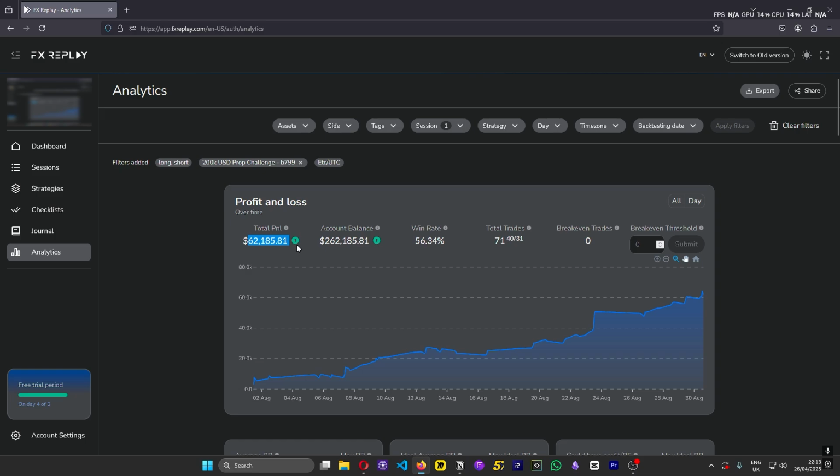$62,000 in 1 month. Now, honestly, if this was me actually trading, I reckon the trades would be about 2/3 of this, and I would have probably made about half of this, because I don't usually take 2 setups at a time.